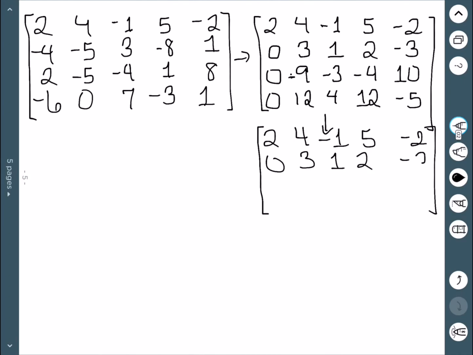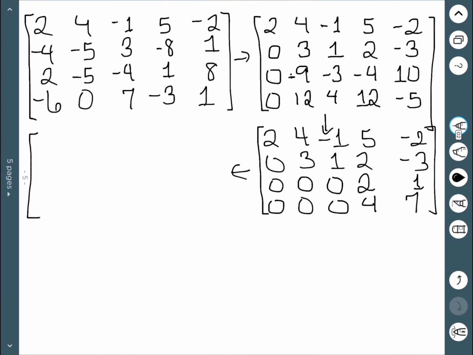So now I'm going to try to get zeros below this 3. The first one would come from doing 3 row 2 plus row 3 to get 9 minus 9 is 0, 3 minus 3 is 0, 6 minus 4 is 2, and then negative 9 plus 10 is 1. For the last one, I would do negative 4 row 2 plus row 4 to get negative 12 plus 12, negative 4 plus 4. I would have negative 8 plus 12 is 4, and then positive 12 minus 5 is 7.